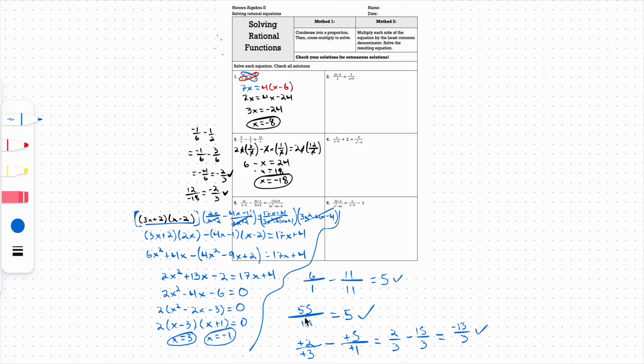Talk to some of the kids in your class or in other periods who feel pretty comfortable with this, and maybe even upperclassmen or siblings, and definitely use the internet and YouTube and all these different resources to support you so that you feel comfortable with solving rational functions so you're ready for your test and your quiz.